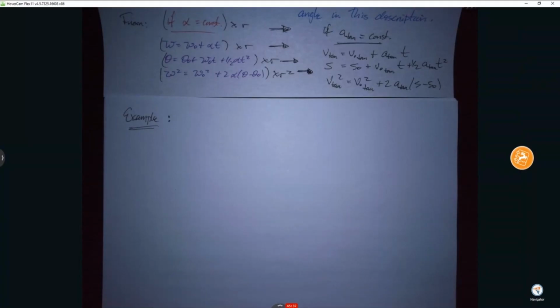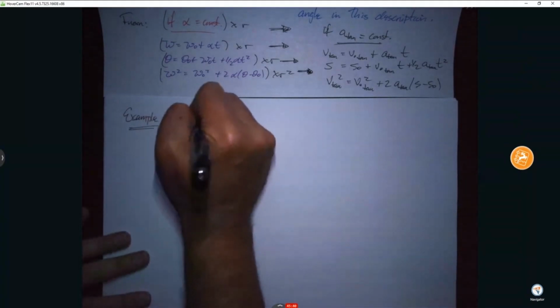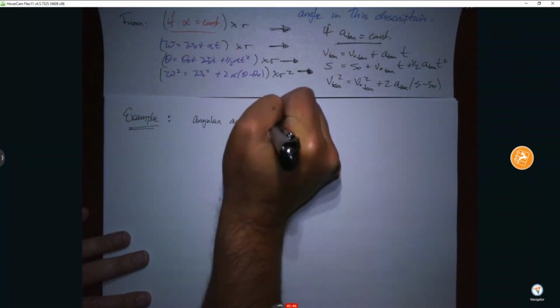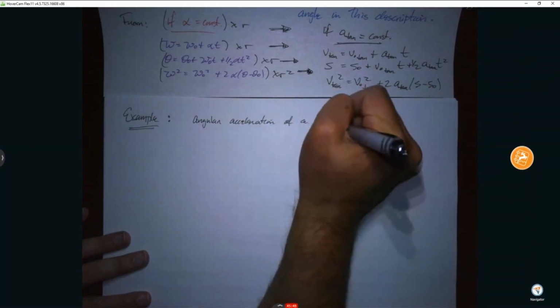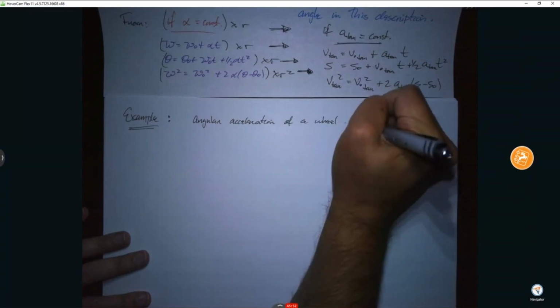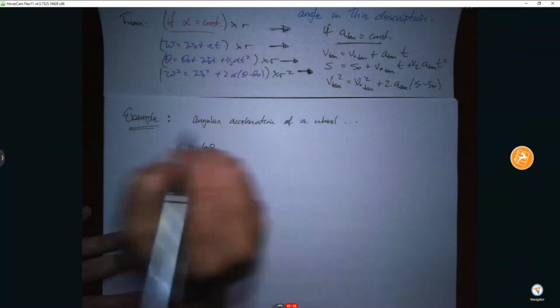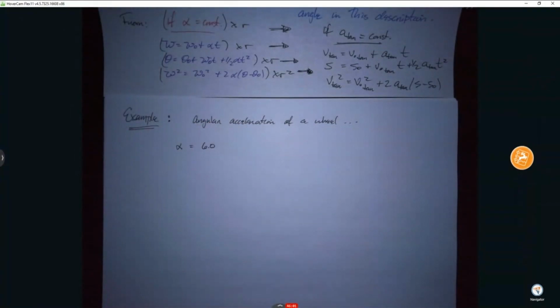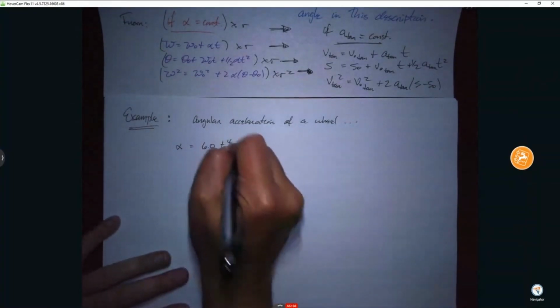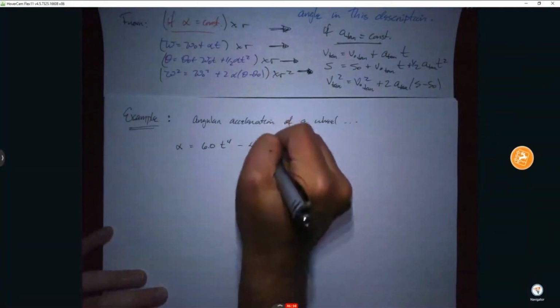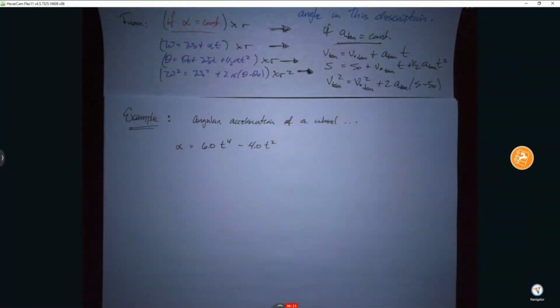It says that the angular acceleration of a wheel is given by alpha equals 6 times t to the 4th minus 4 times t squared, with alpha in radians per second squared and t in seconds, so SI units.